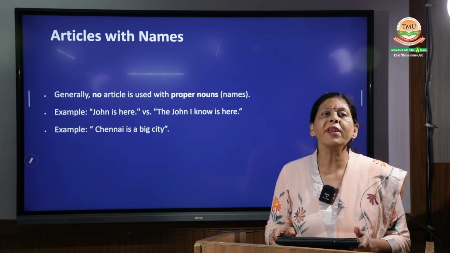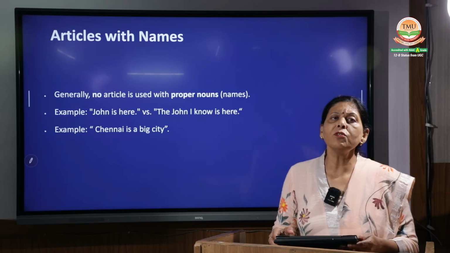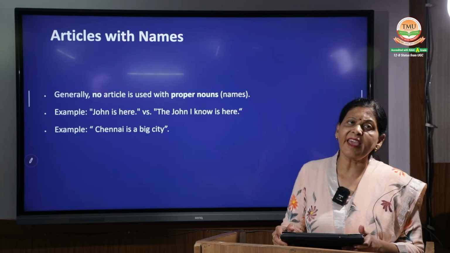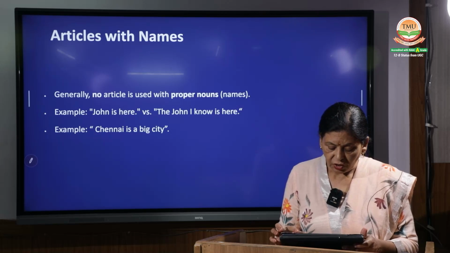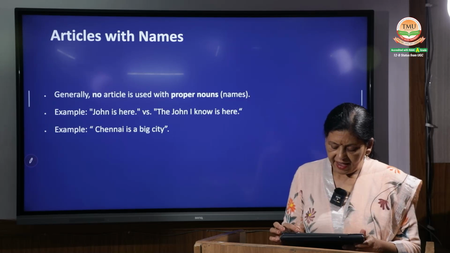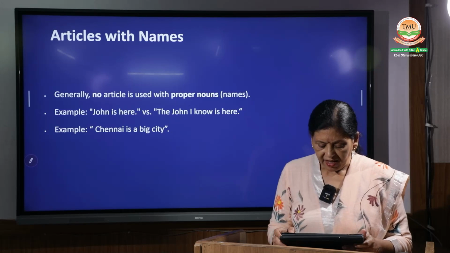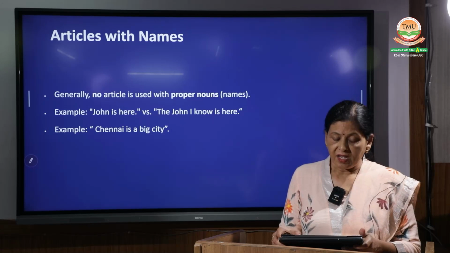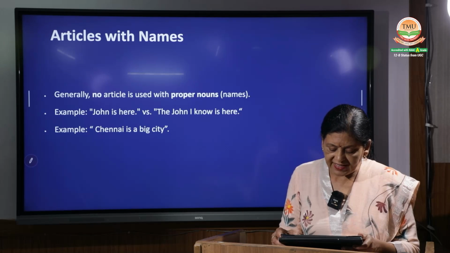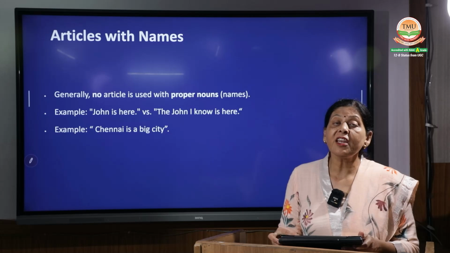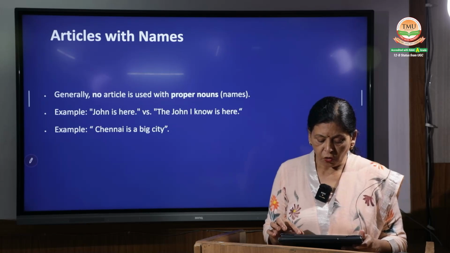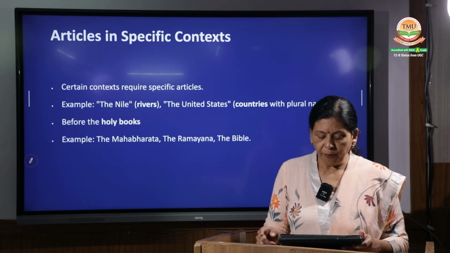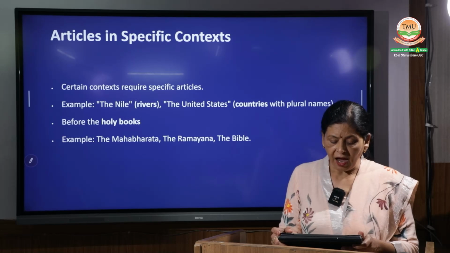So these are proper nouns. In front of proper nouns, any article, whether it is a or the, is not used. John is here. 'The John I know is here' is not correct. Example: John is here. Chennai is a big city. So in front of proper nouns, we do not use any article.